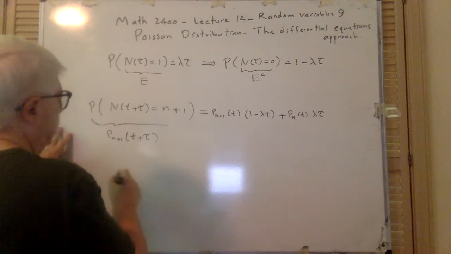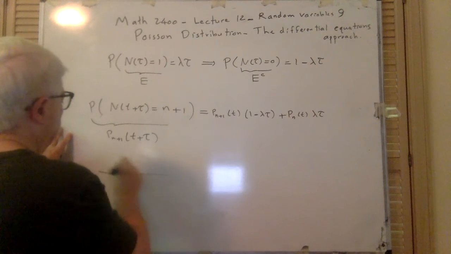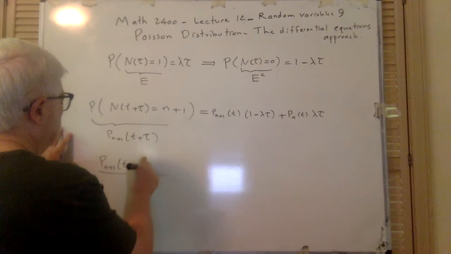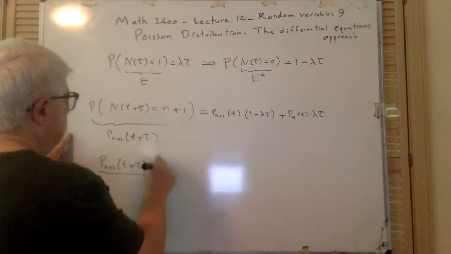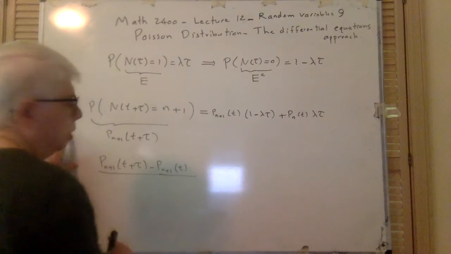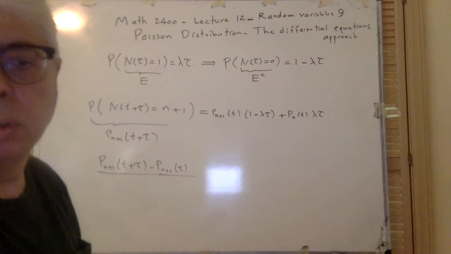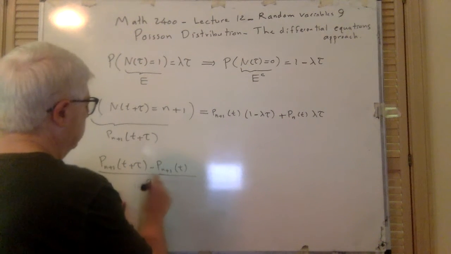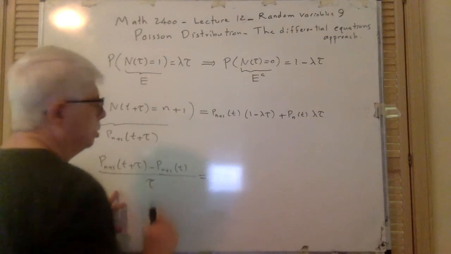So if I put them together, I will get P_{n+1}(t plus tau) minus P_{n+1}(t), over tau, in fact, equals this.